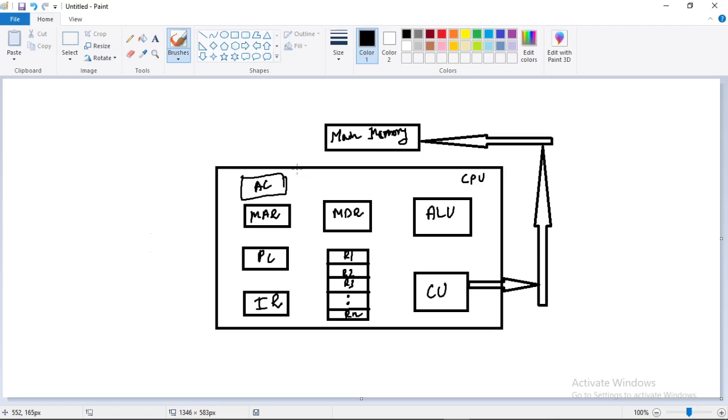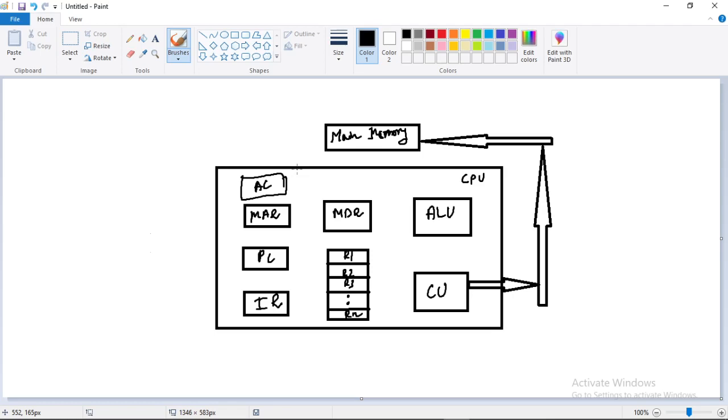Because whenever the CPU performs an operation, at that time the CPU will keep one operand somewhere. Where? Inside the accumulator.